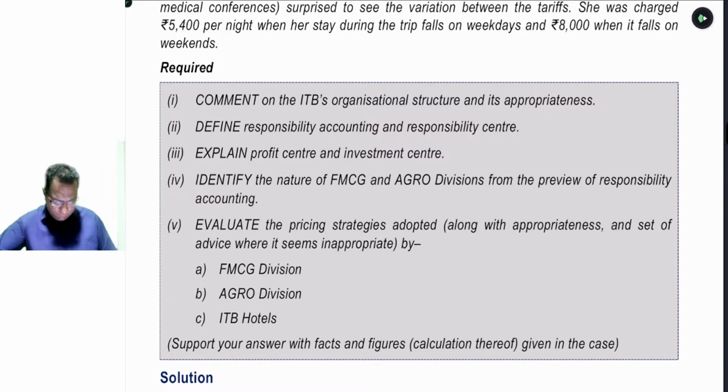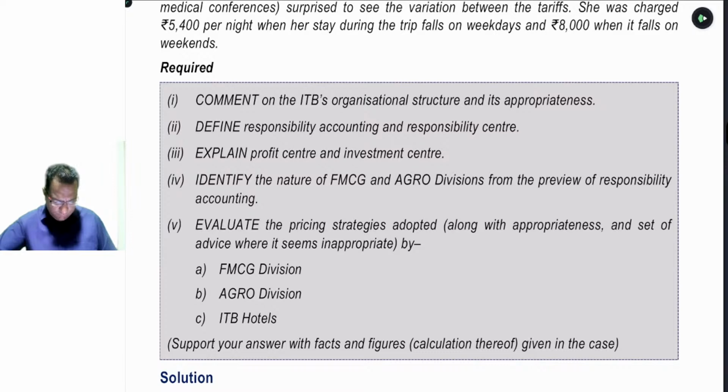FMCG department is definitely a profit center because the first para's last line says it decides its sale price based on the cost and the profit margin, and the profit margin is set up for a period of 2 years, which indicates that the department is not only responsible for the cost but also responsible for the revenue.